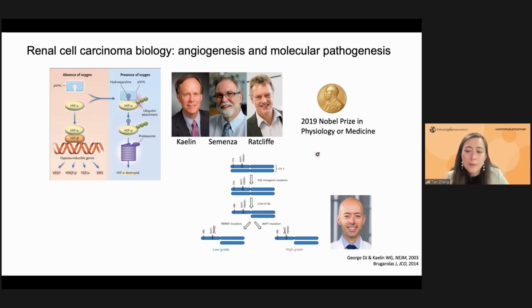And then my own colleague here at UT Southwestern, Jim Bergolis, also defined a more aggressive type of kidney cancer that has alterations and mutations in the BAP1 gene.